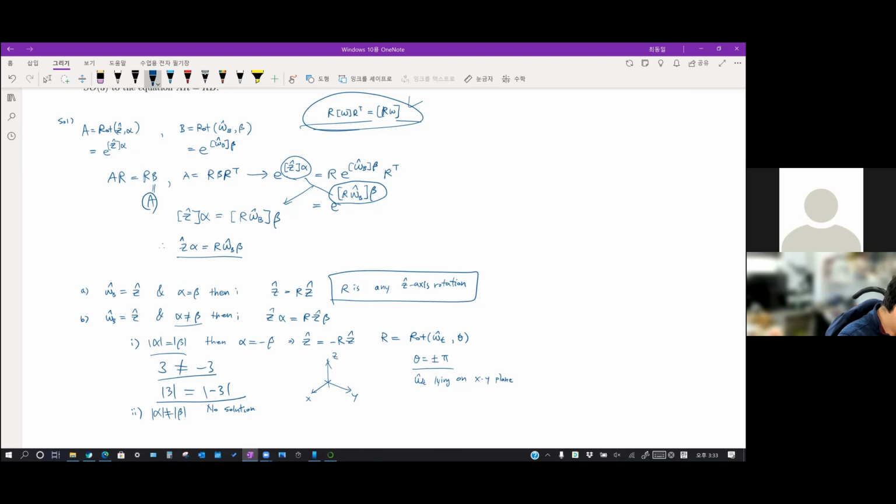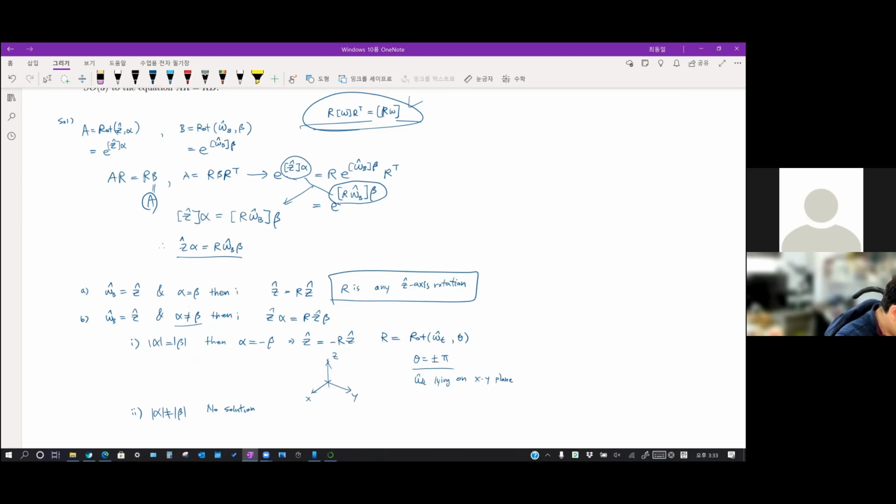So in that case, by gathering all these conditions, it should be alpha equal minus beta. So with alpha equal minus beta, this equation becomes like this.